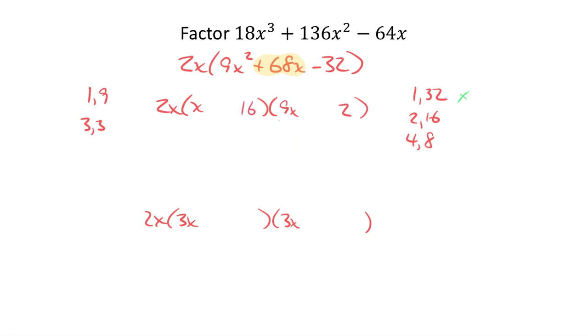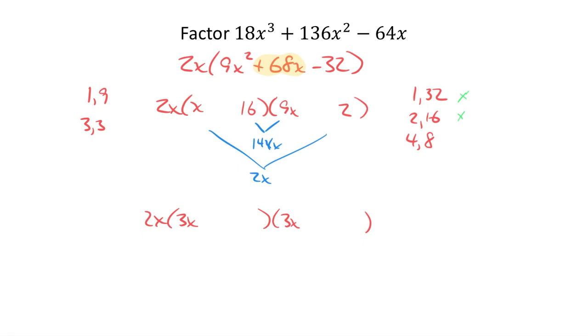When I switch those and multiply the inner terms, we end up with 144x, not looking good, and x times 2, or 2x. The difference between those is 142, which is a far cry from the 68 that we're looking for in the middle. We've switched those, so that rules out those numbers being combined.